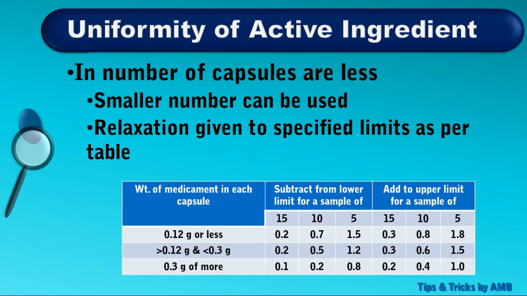If such a range is there, this table can be applicable. If the lower limit is less than 90 and the upper limit is more than 110, then this table cannot be used as such. Some more relaxation can be plausible in that case.